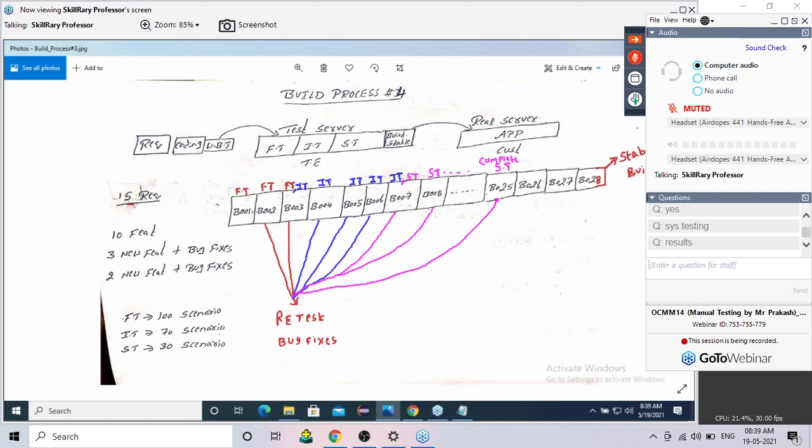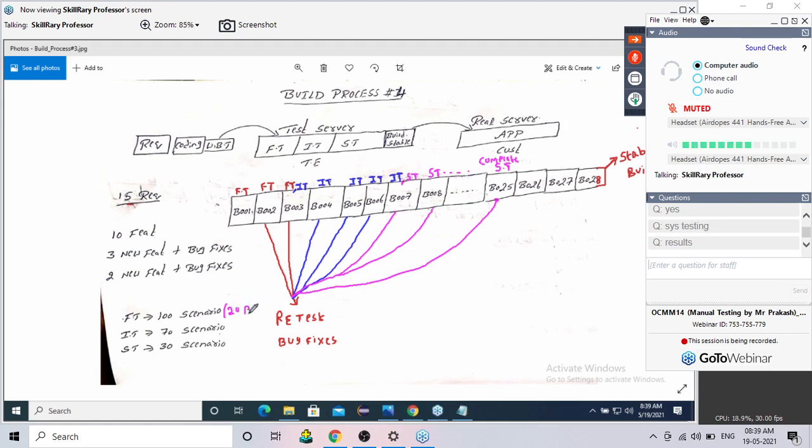But can it happen that 100 scenarios are completed, but still some 20 bugs are left out? Understand what I'm saying?